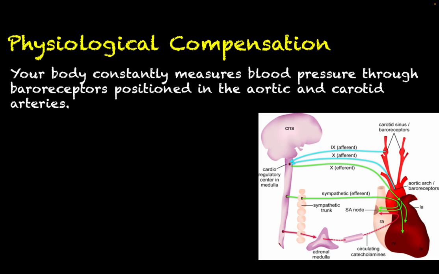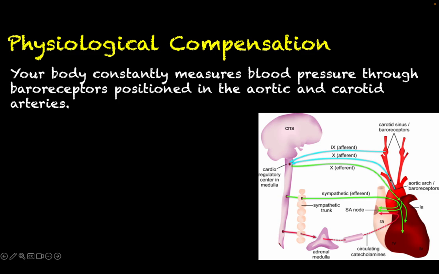So the way this actually works is your body is constantly measuring the blood pressure in your arteries through what are called baroreceptors. We can break this down to say that baro is a prefix that refers to pressure. So a barometer measures pressure. These baroreceptors are nerve cells in your carotid artery and in your aorta that are constantly measuring the pressure of the blood moving past there.